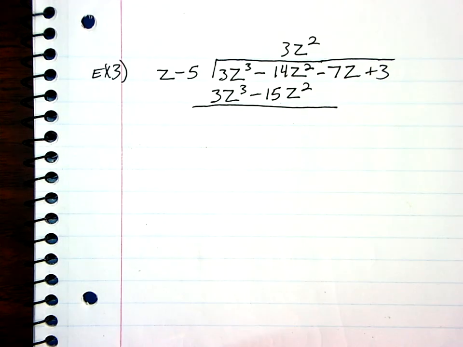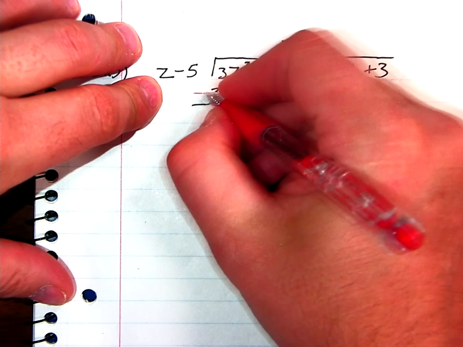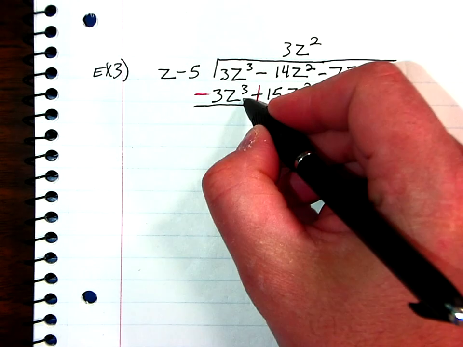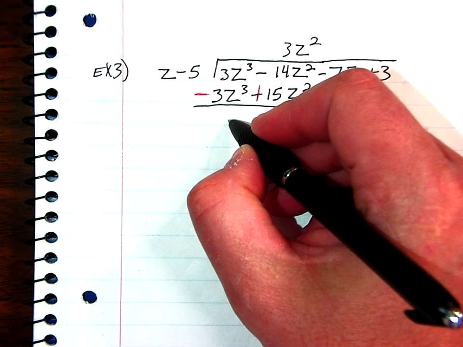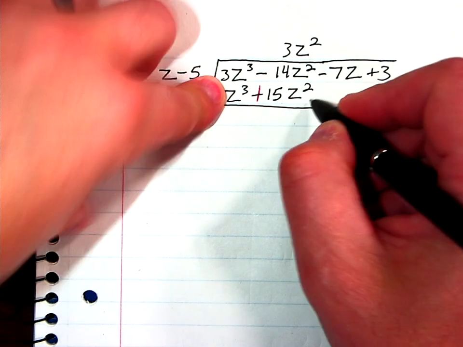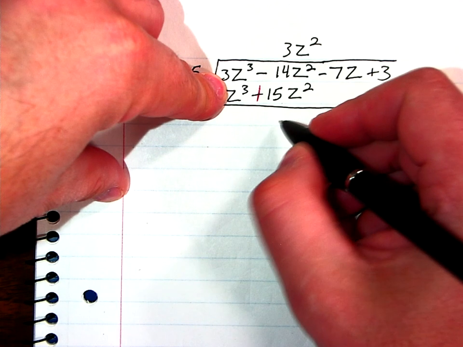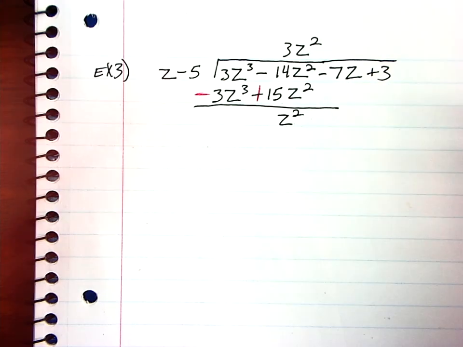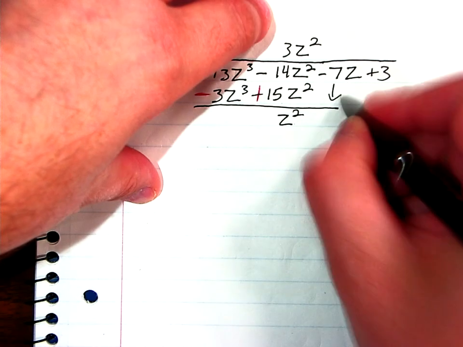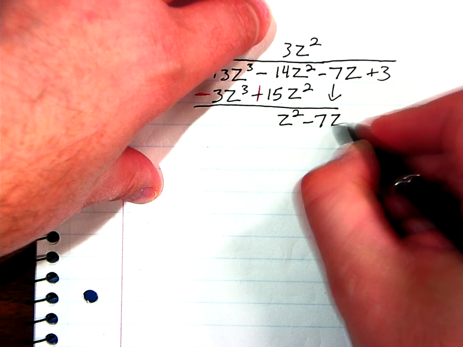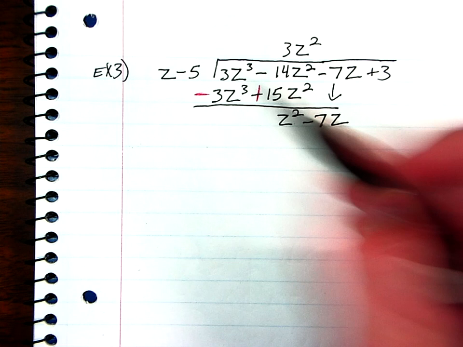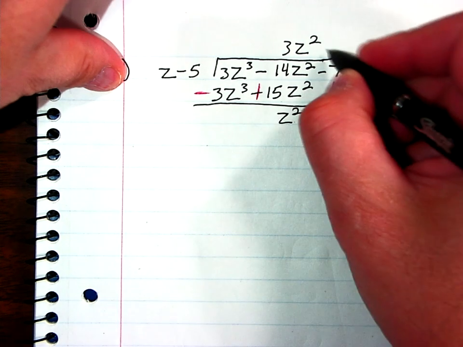What do I have to do with my signs now? 3z cubed minus 3z cubed is 0. Negative 14z squared plus 15z squared is z squared. Bring down the negative 7z. Now we have a z. What do we multiply z by to get to z squared? Positive z.